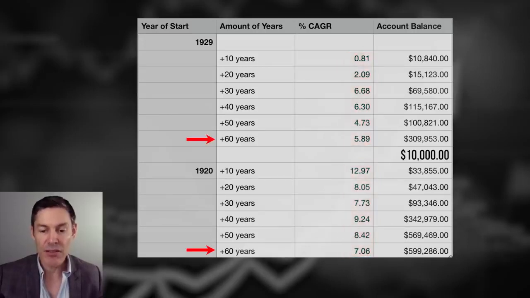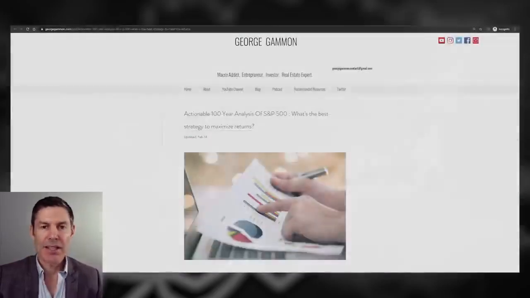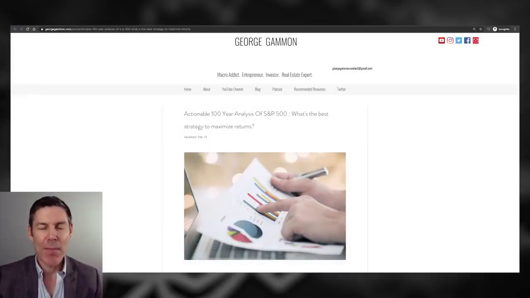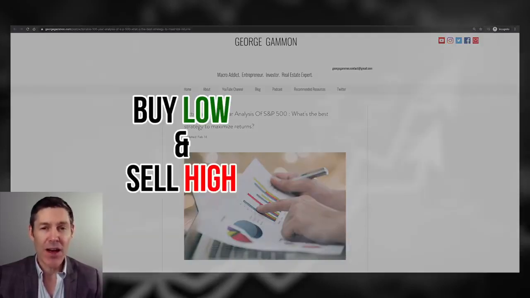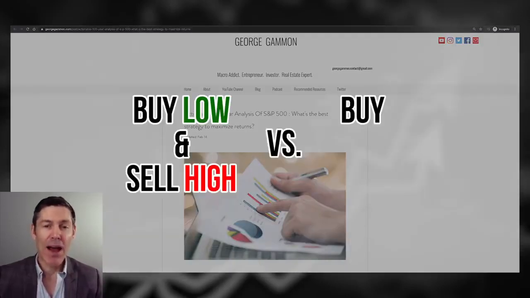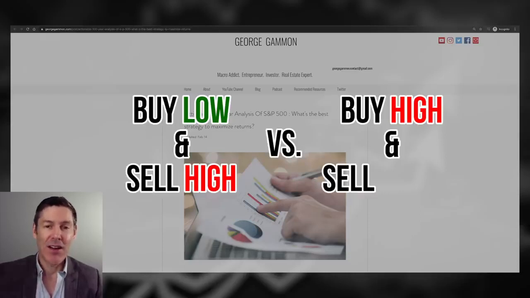At the end of 60 years, instead of $309,000, we have almost $600,000. And keep in mind, this is just one example of when it's better to buy low and sell high than to try to buy high and sell higher.